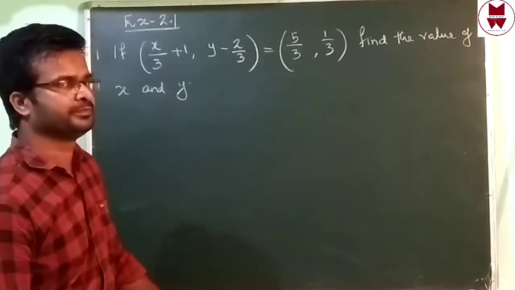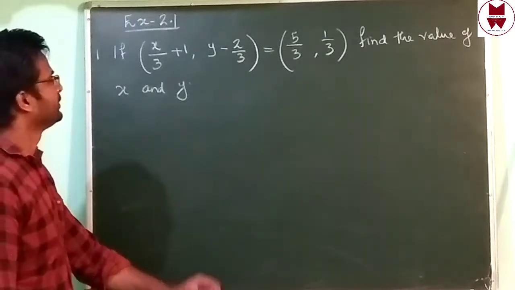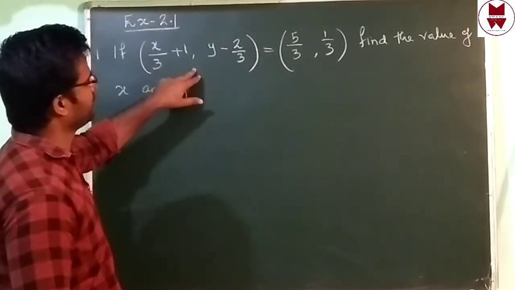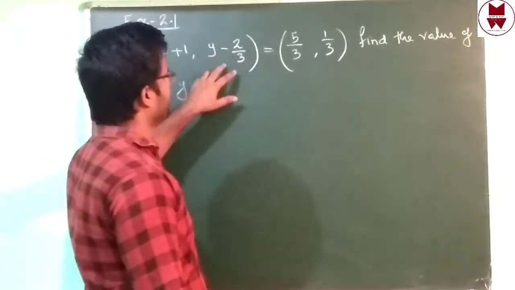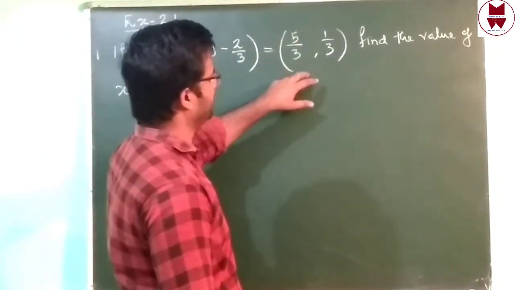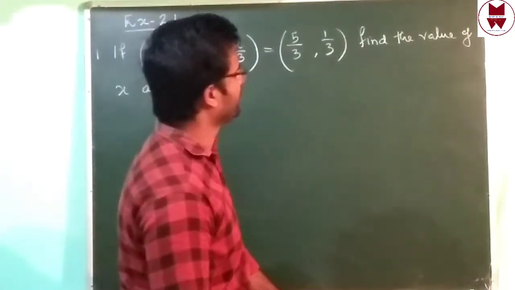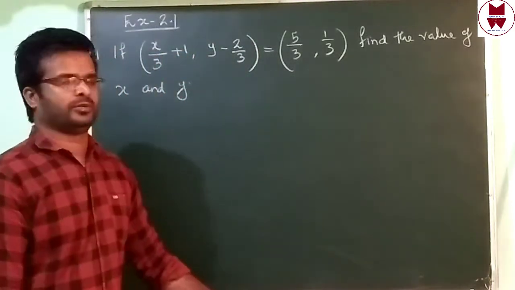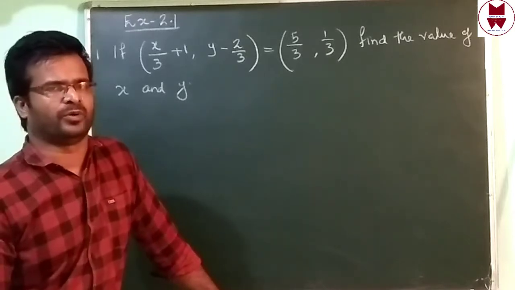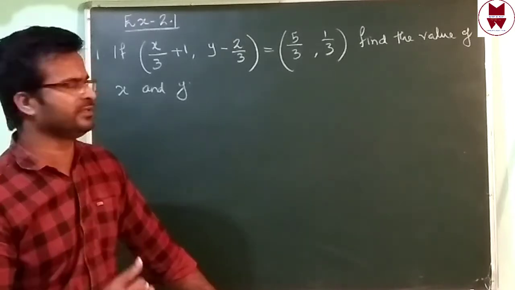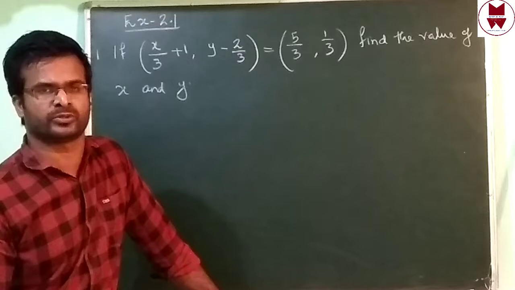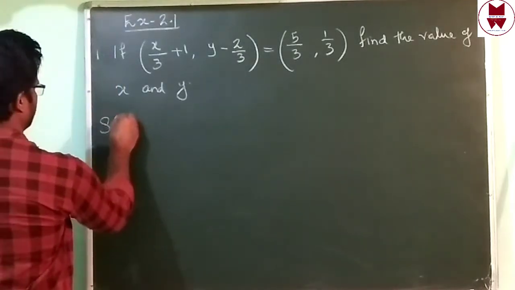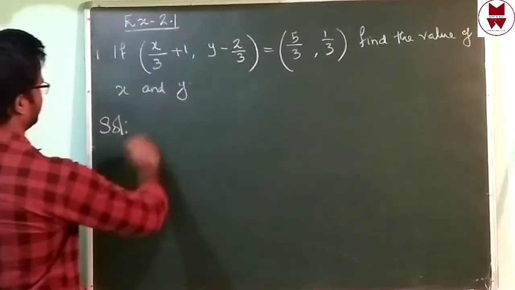Question number 1. If the ordered pair (x/3 + 1, y - 2/3) equals (5/3, 1/3), find the value of x and y. Already I told, if ordered pairs are equal, then the corresponding elements are also equal, isn't it? Solution.